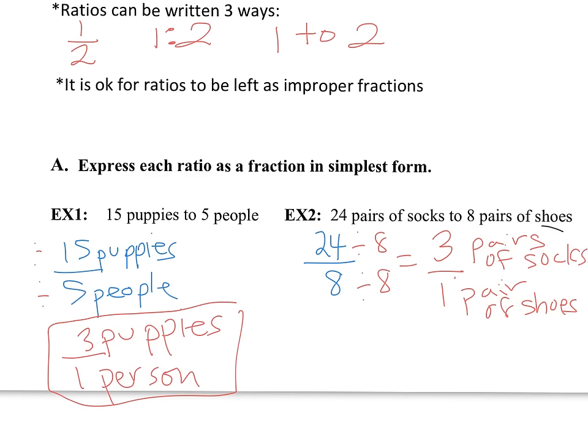And then that would be my final result, 3 pairs of socks to 1 pair of shoes.